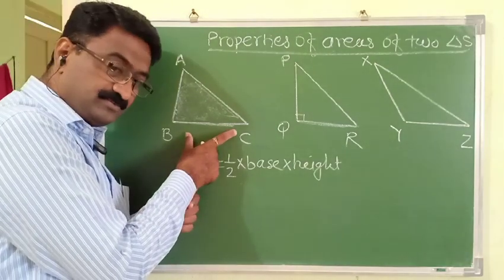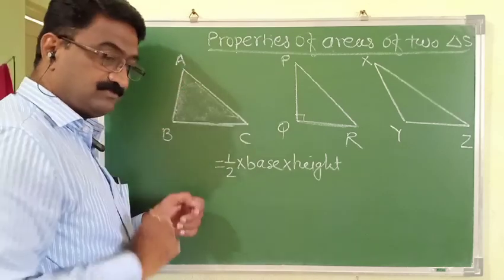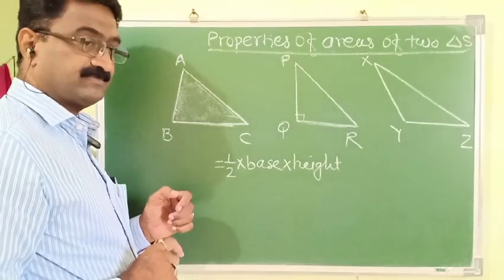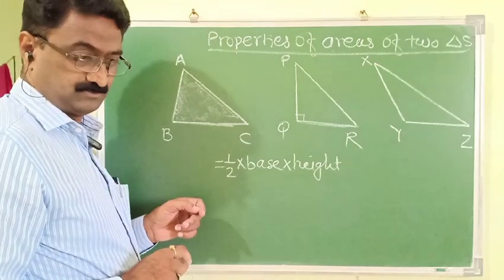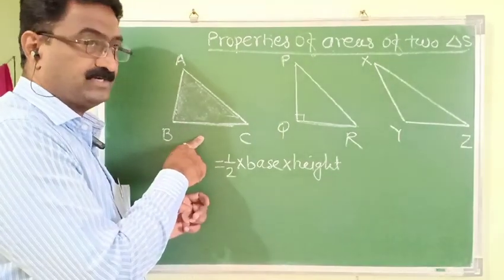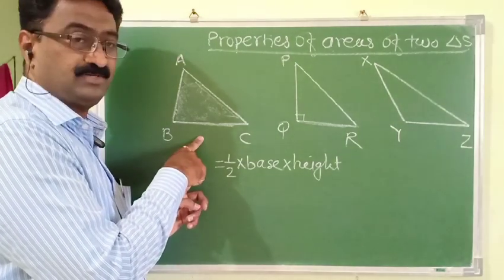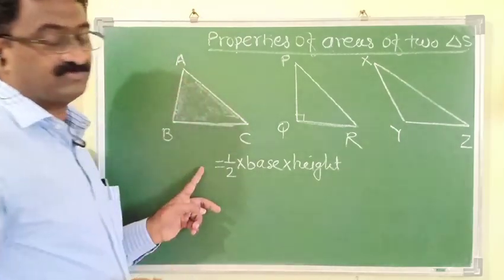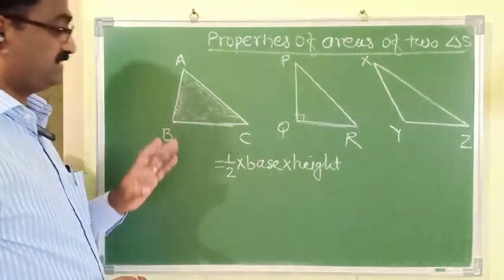Either side BC is the base, or side AB is the base, or side AC is the base. Some students say that only BC is the base of that triangle. We know that BC is the base, but it is not the only one. AB is also a base of that triangle. AC is also a base of that triangle. So each triangle has three bases.